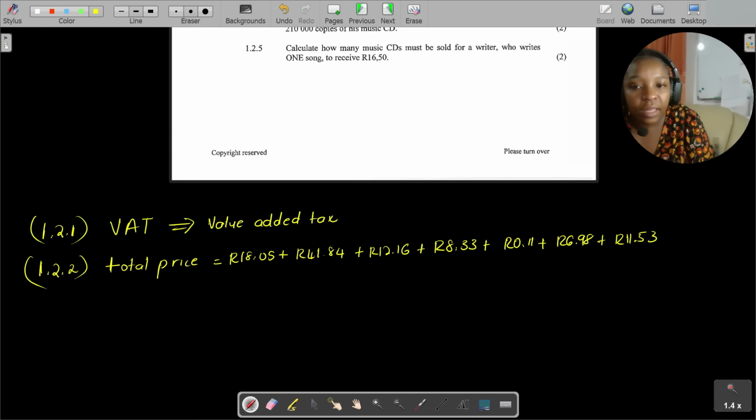I think I got everything there, and we're going to punch this into our calculators. If you punch this into your calculator, you'll get that the total price is just R99.